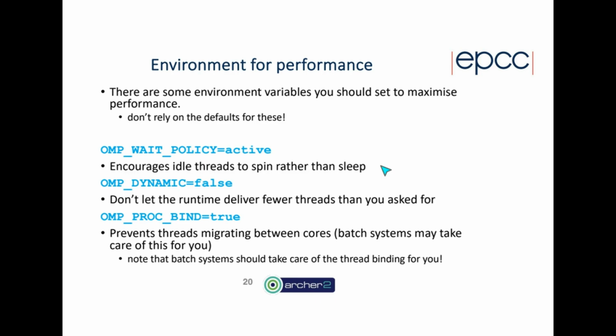If threads are spinning, they're actively consuming CPU cycles, but it makes them really quick to reactivate. If they go to sleep, they're not consuming CPU cycles, but there's then some cost for waking them up again.